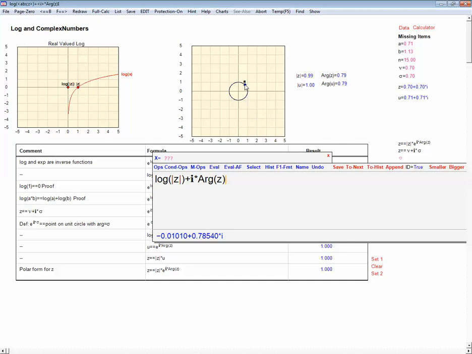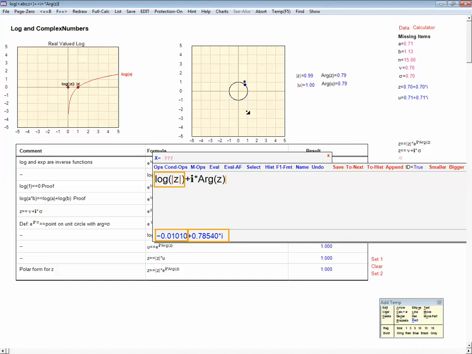Can't get it exactly on the unit circle, but if it were on the unit circle, the absolute value of z would be 1, and so the log of the absolute value of z would be 0. So this would just take on this imaginary form here. The first part would be 0. It's not because I'm not right on the unit circle, but in general, if you're on the unit circle, then the log will be purely imaginary.